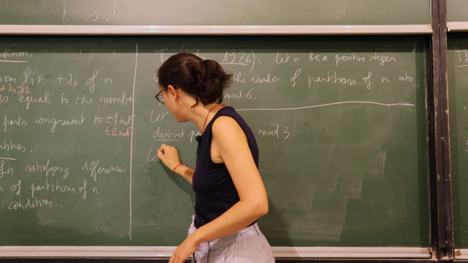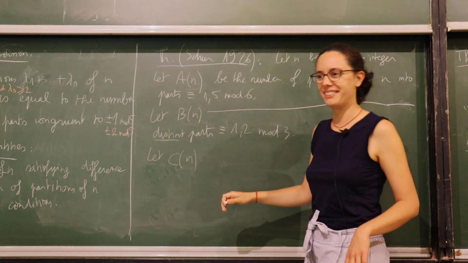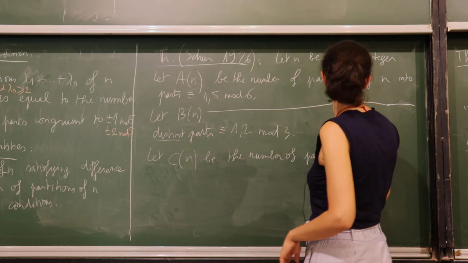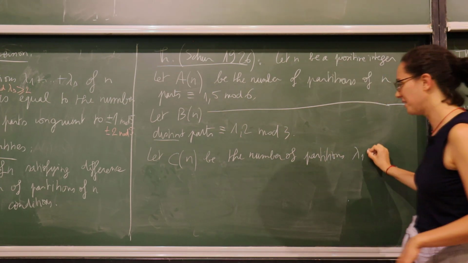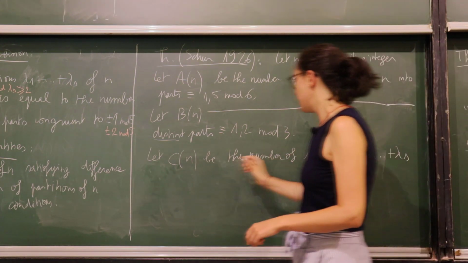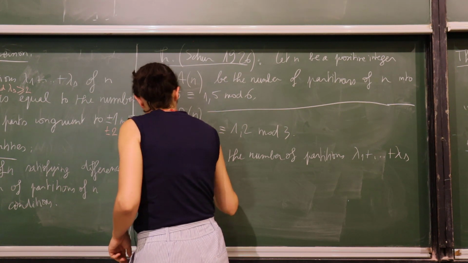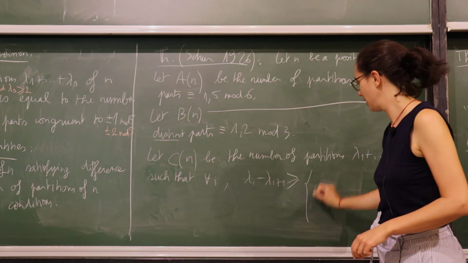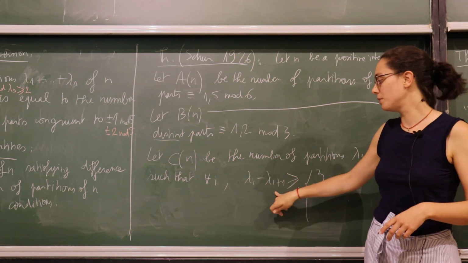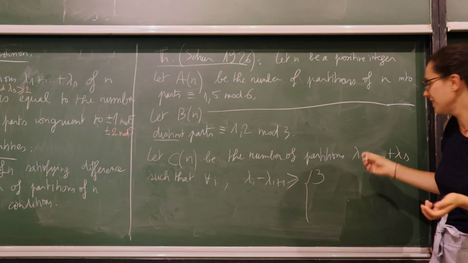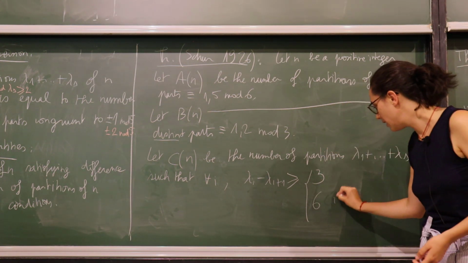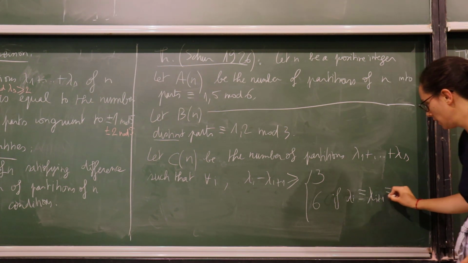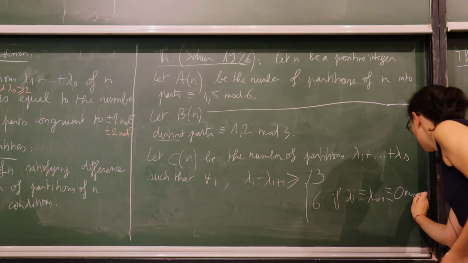And the last number we consider, C of n, is the number of partitions where I again want to give some names to my parts, such that for all i, you have lambda i minus lambda i plus 1 at least 3 in general, but if they are both multiples of 3, then there is some additional condition, and we can write it that way: the difference between them must be at least 6 if lambda i and lambda i plus 1 are congruent to 0 mod 3.